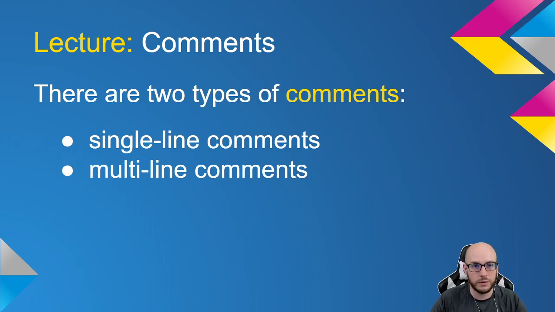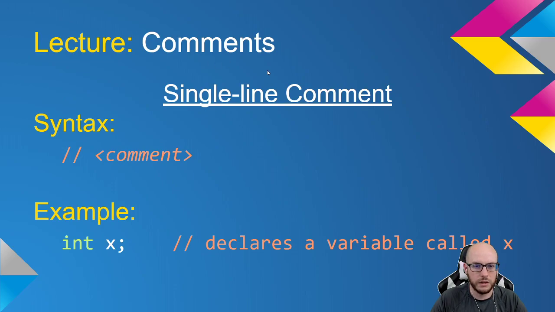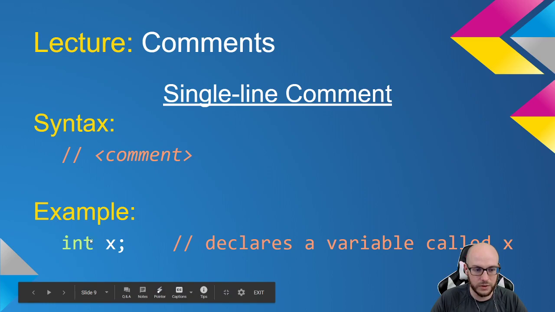We're going to talk about two different types of comments in Java. We have a single line comment or a multi-line comment. Let's talk about the single line comment first. Simply put, we can do forward slash, and then whatever we want. An example of this: here I'm declaring an integer x, and I leave a comment, declares a variable called x.